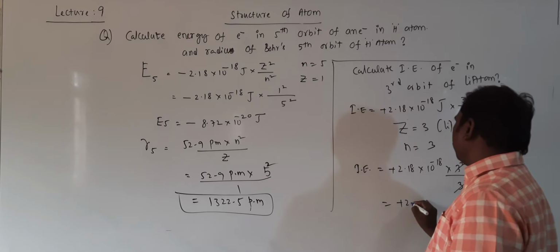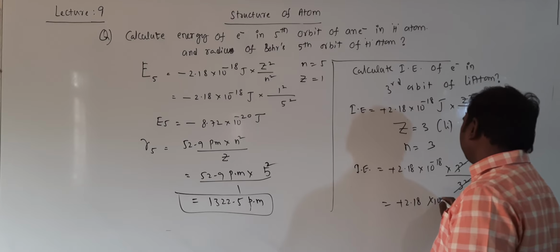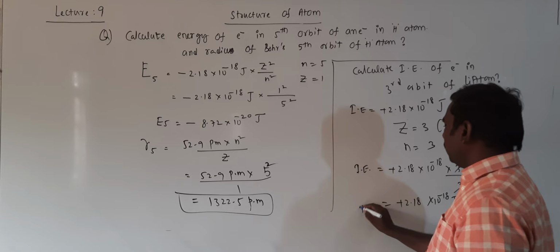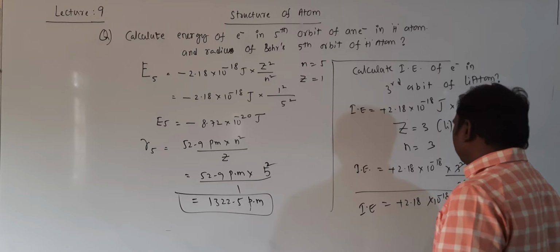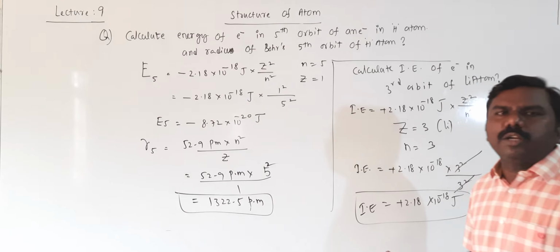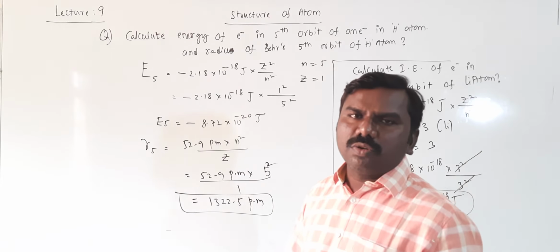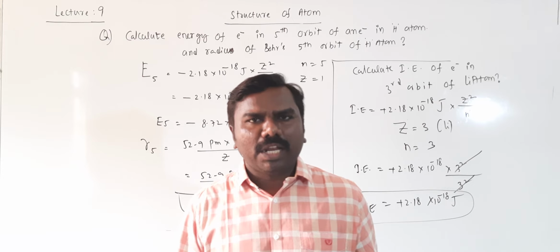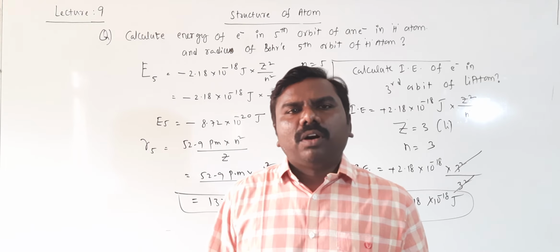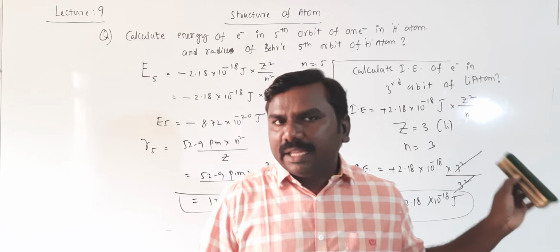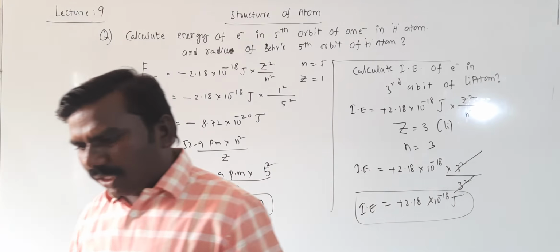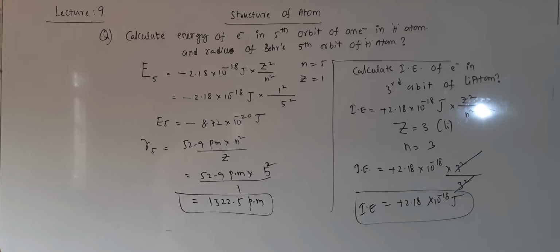The answer will be plus 2.18 into 10 to the power of minus 18 joules. It is the ionization energy. So what is the meaning of this? 2.18 into 10 to the power of minus 18 joules of energy is required to remove the electron of the third orbit in the lithium atom. That is the meaning.